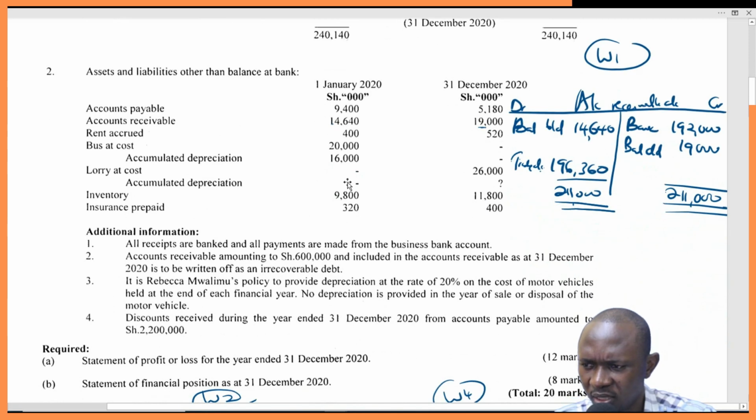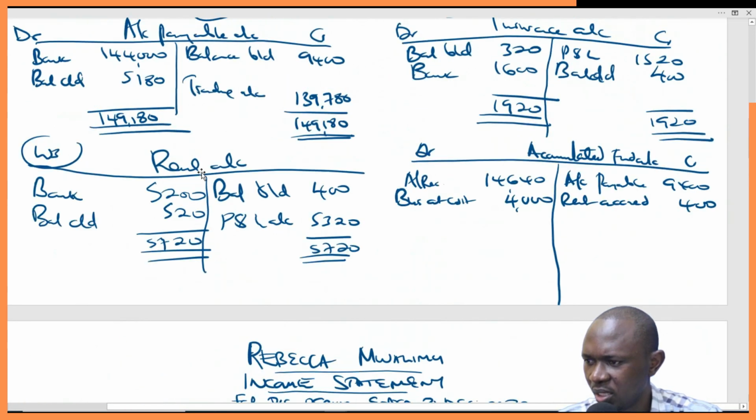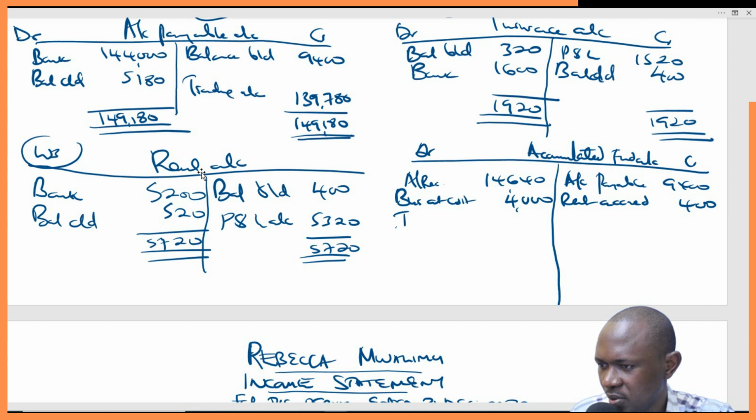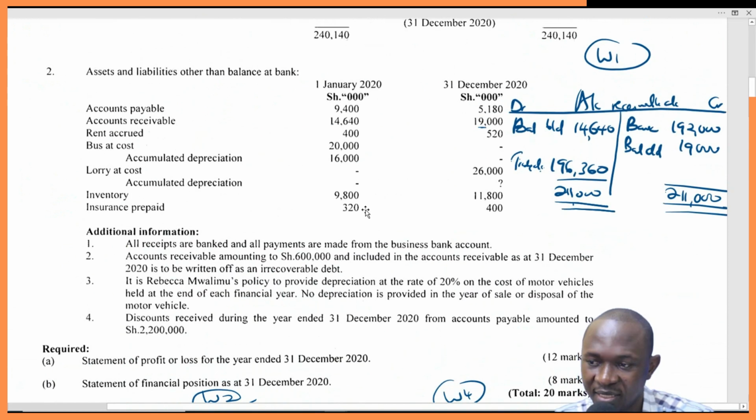Lorry at cost, we didn't have a lorry for that year. Inventory 9,800. Inventory is an asset. And of course, prepaid insurance, which is an asset.